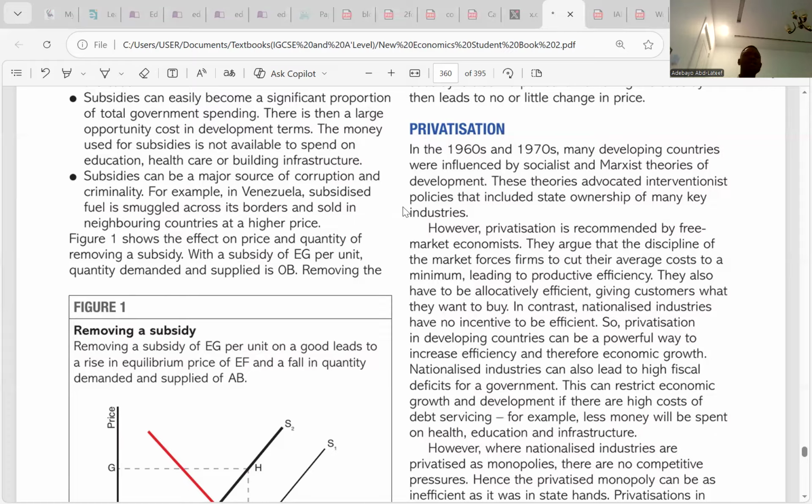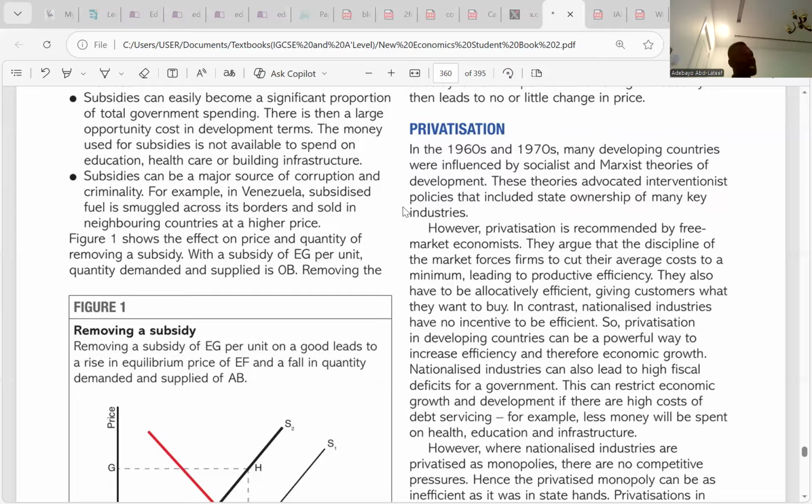But the case against socialism, according to the free market economists, is that the public sectors do not have the incentive to be efficient. Because of increasing competitiveness in the free market, it forces firms to be more efficient. And being efficient simply means firms in a free market are both productive and allocative efficient.